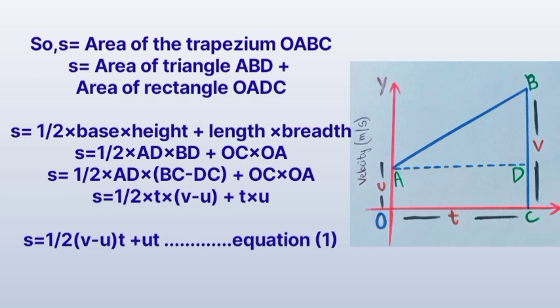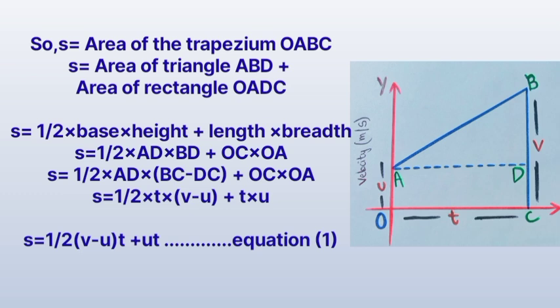We know the formula for the area of a triangle as well as for a rectangle. Area of a triangle is given by half into base into height, and area of a rectangle we already know is length into breadth.